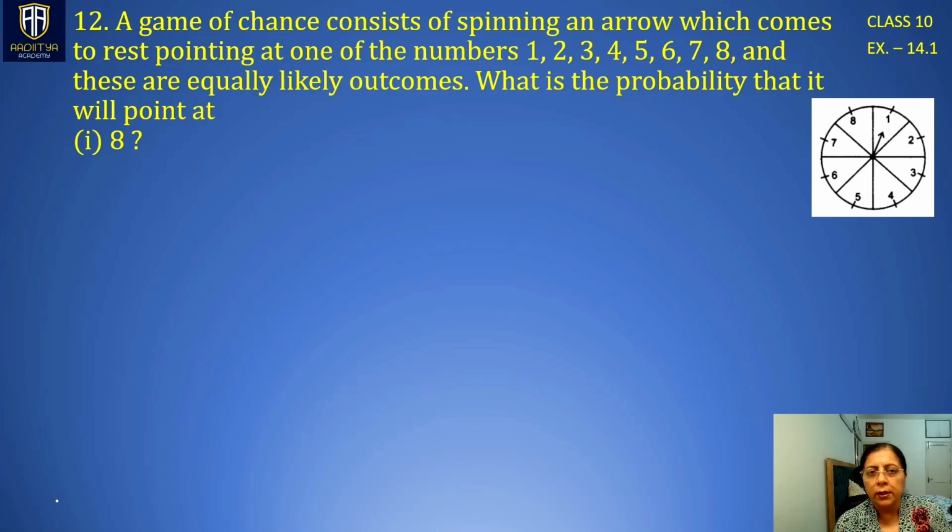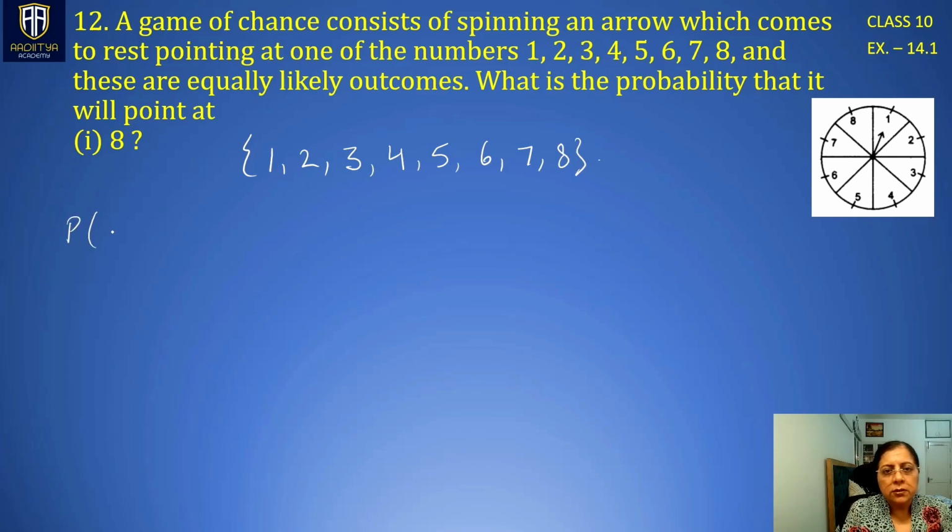All the parts are equal here, so occurrence of any number is equally likely possible here, right? So now he is asking what is the probability that it will point at 8. So the sample space for this experiment becomes these 8 outcomes which are equally likely possible, right?